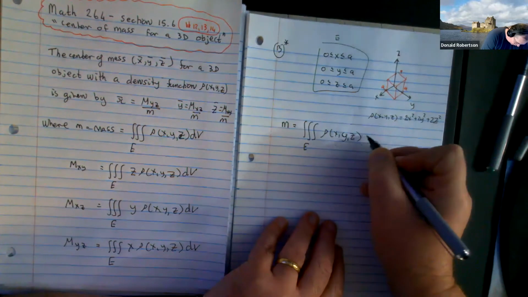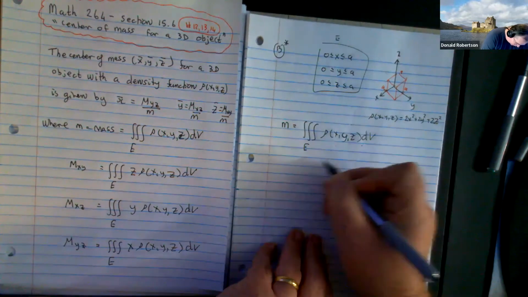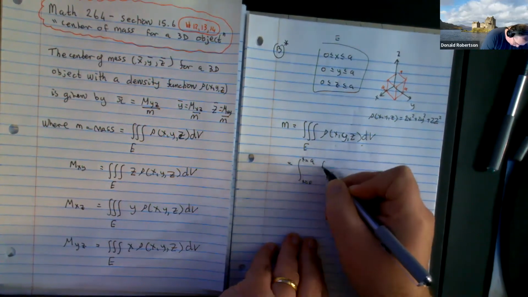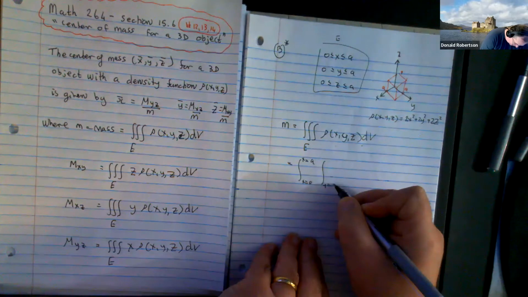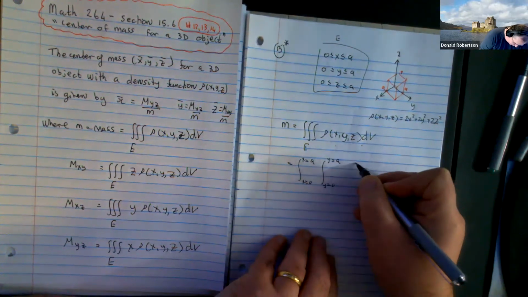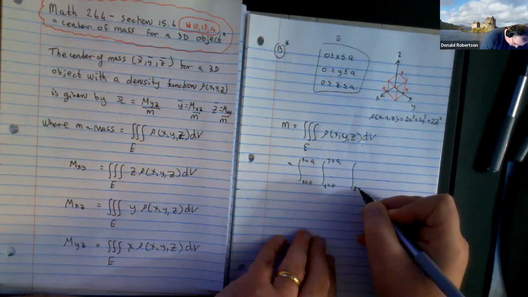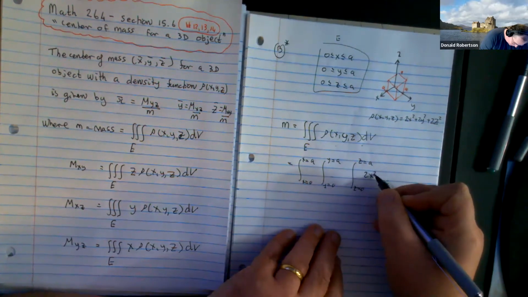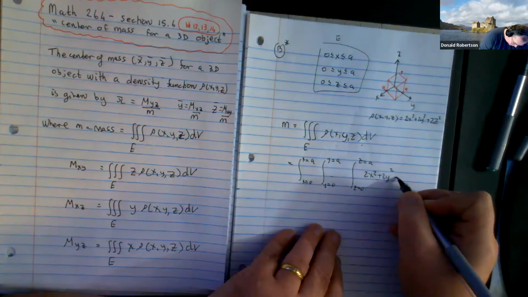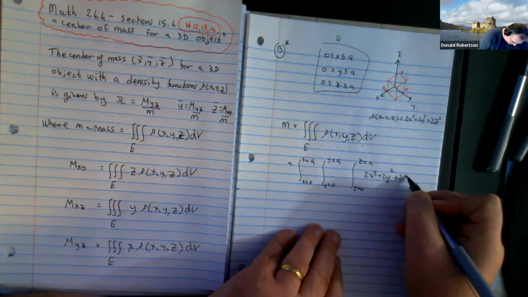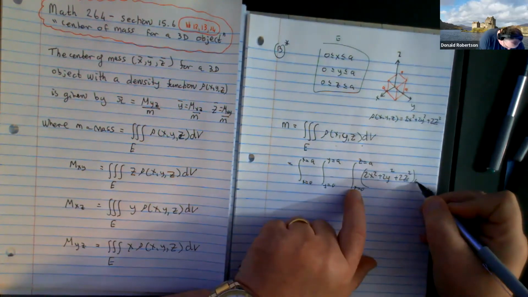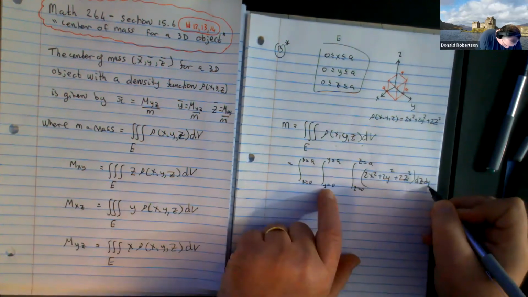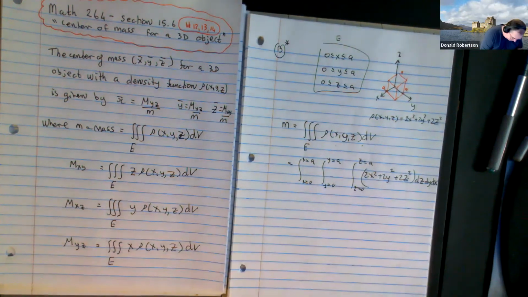In our case, it's going to be x equals 0 to x equals a, y equals 0 to y equals a, z equals 0 to z equals a. The density function is 2x squared plus 2y squared plus 2z squared. And in the order I'm doing it, it's z, y, x.